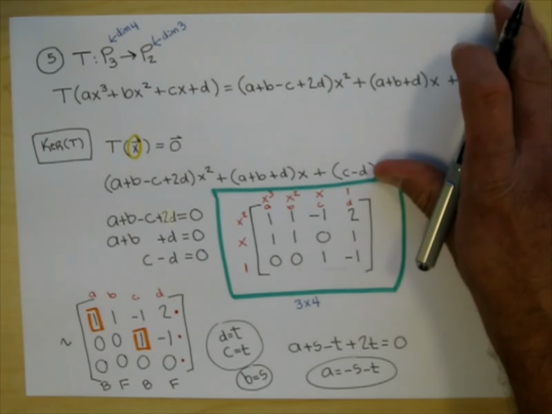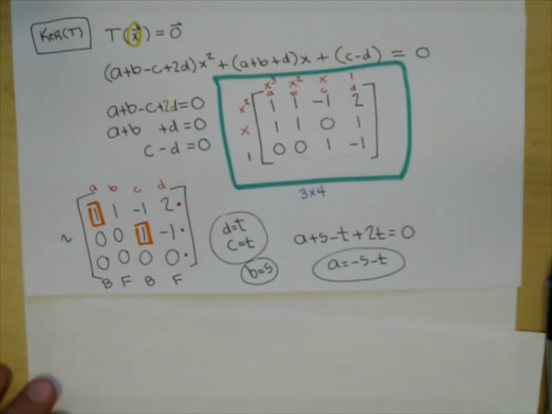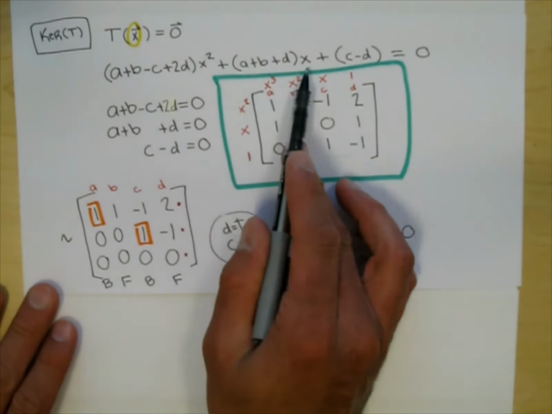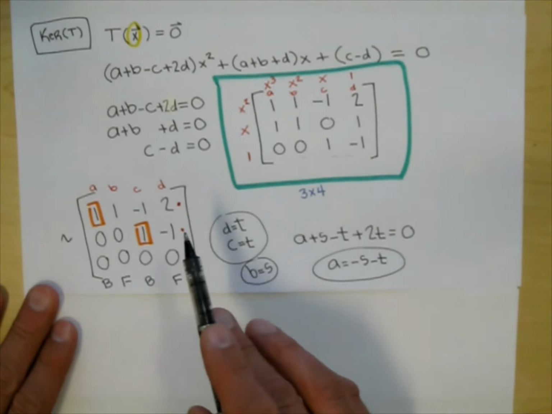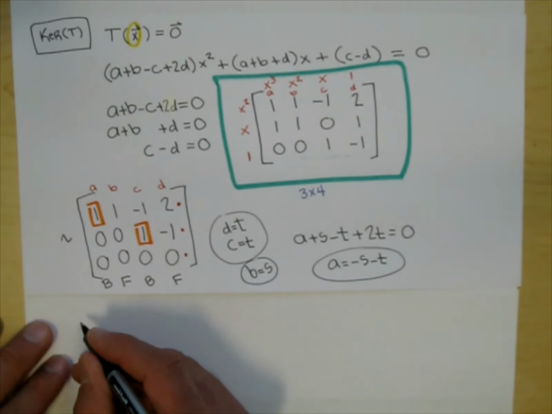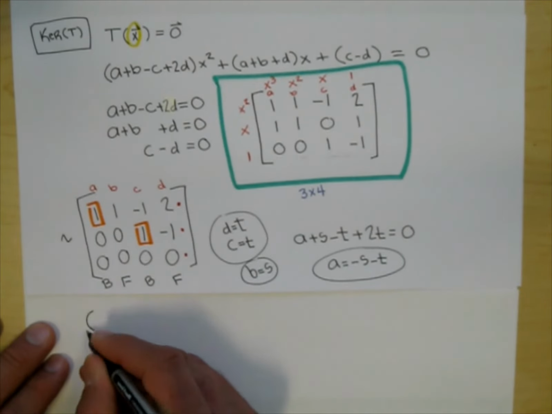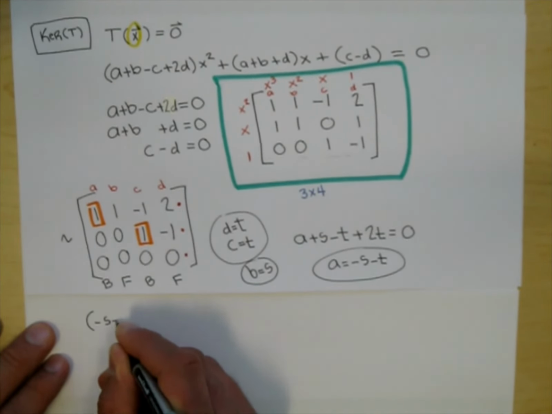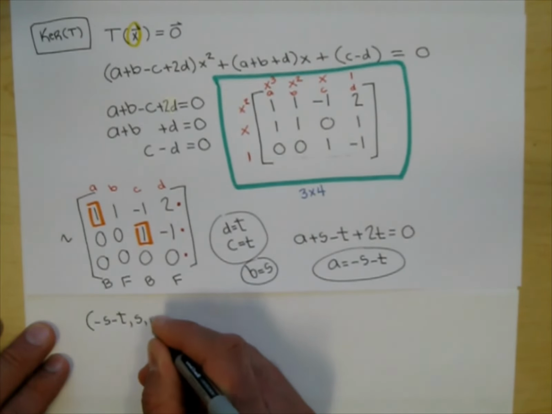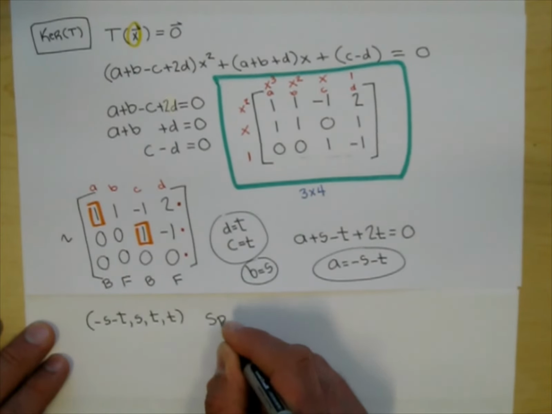Okay, so let's move on here. So I'm trying to find the kernel here, and somehow it's boiled down to trying to figure out what A, B, and C could be in order to make it 0. Okay? So this null space looks like this. It looks like minus S minus T, comma, S, comma, T, comma, T. I'm going to split it into vectors.